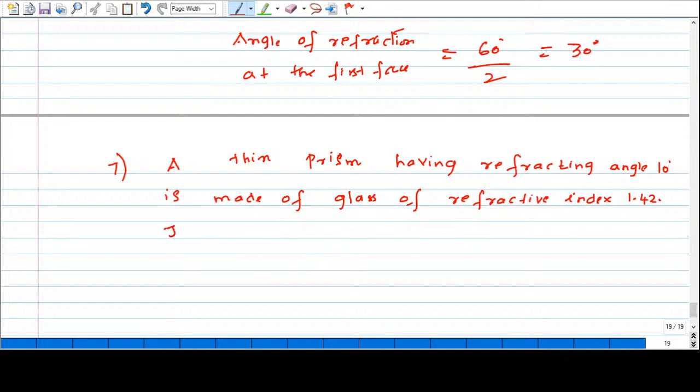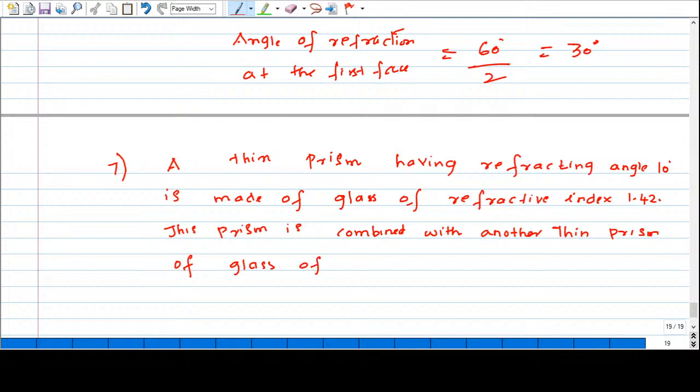This prism is combined with another thin prism of glass of refractive index 1.7.